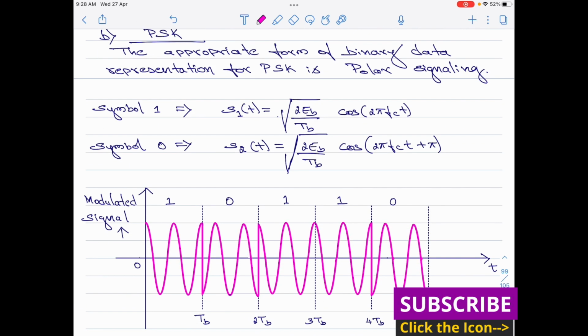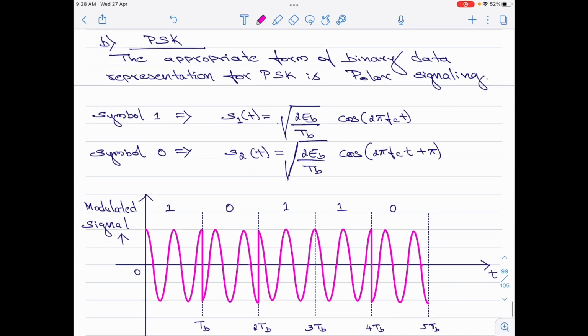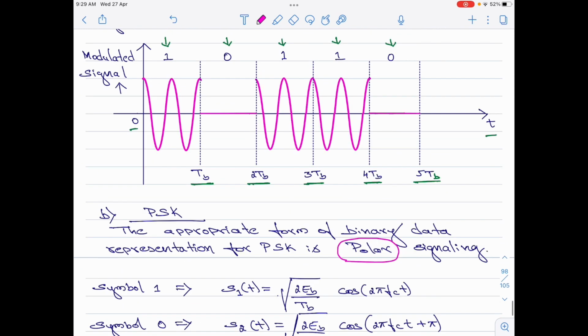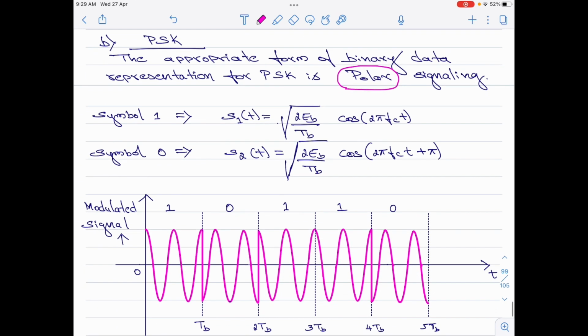Let us now move on to the second part of the question, that is for PSK. Now, the most important thing about PSK is, for PSK, the appropriate form of binary data representation is polar signaling. Please note, for ASK it was unipolar or on-off signaling, whereas for PSK it is polar signaling scheme.